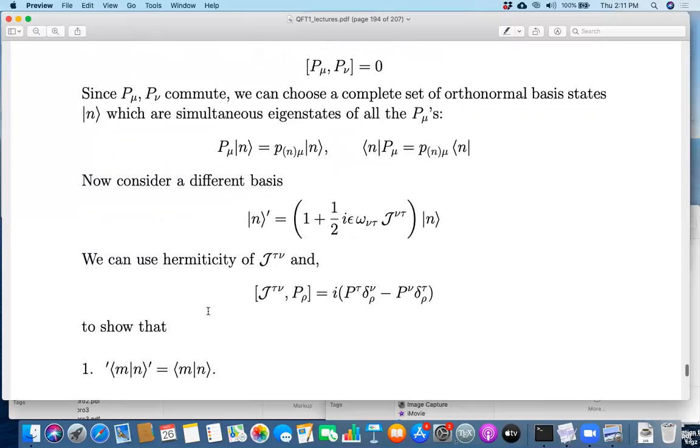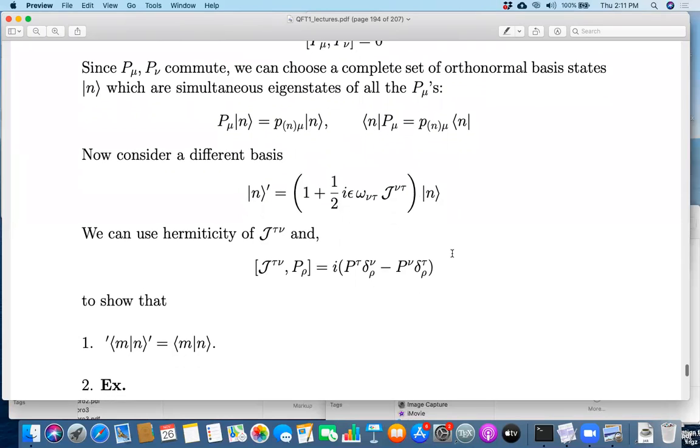Is this clear to everybody? Any question here? That this is the Hermitian operator and hence the norm is preserved? Okay. So I assume there is no question.